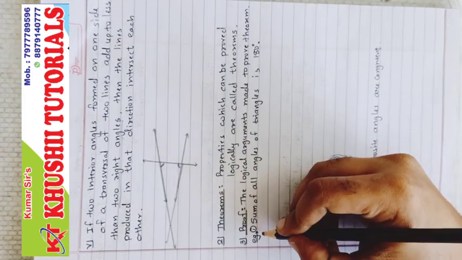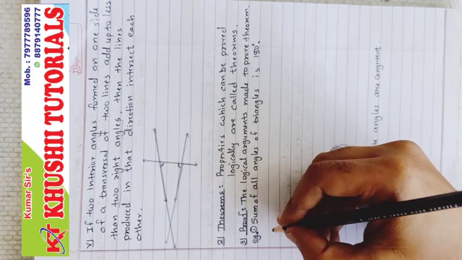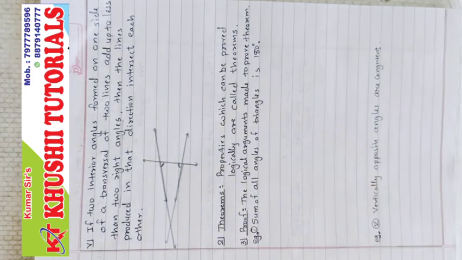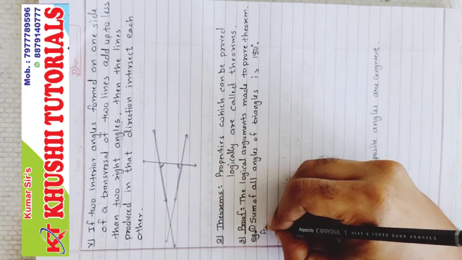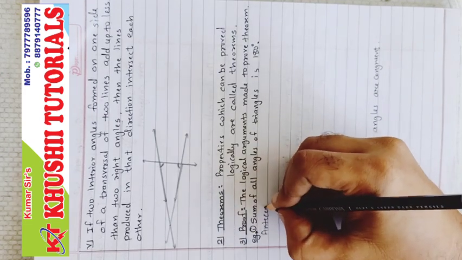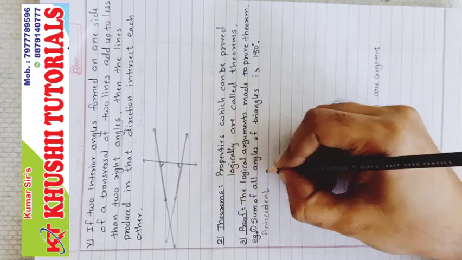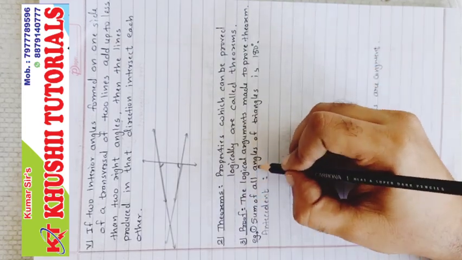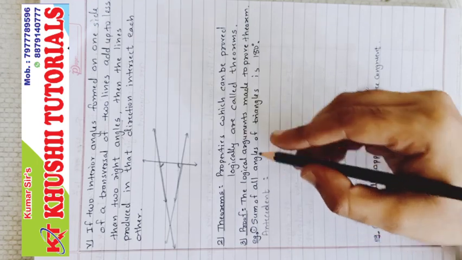So first we will write given. Given means antecedent: the sum of all angles of a triangle.